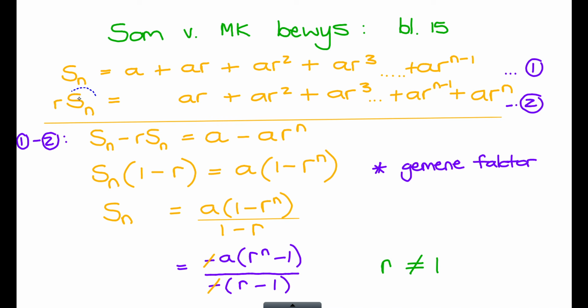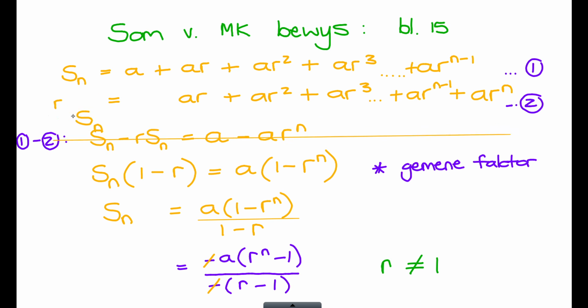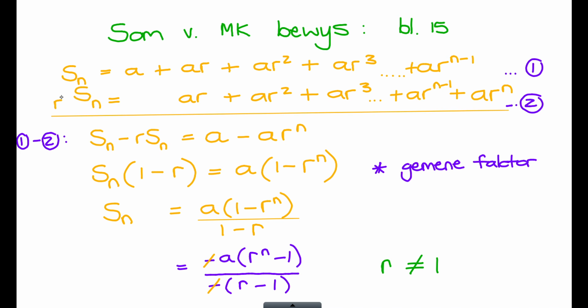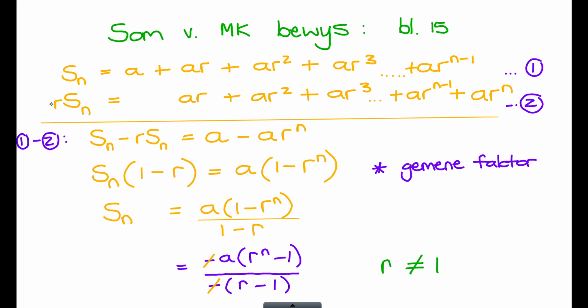And over here I've got also sum of n, but I said times it with r. Okay? Because when I multiply it with r, my first term will not be a anymore, it will now be ar. And why are we doing that? Because these two can then cancel out.